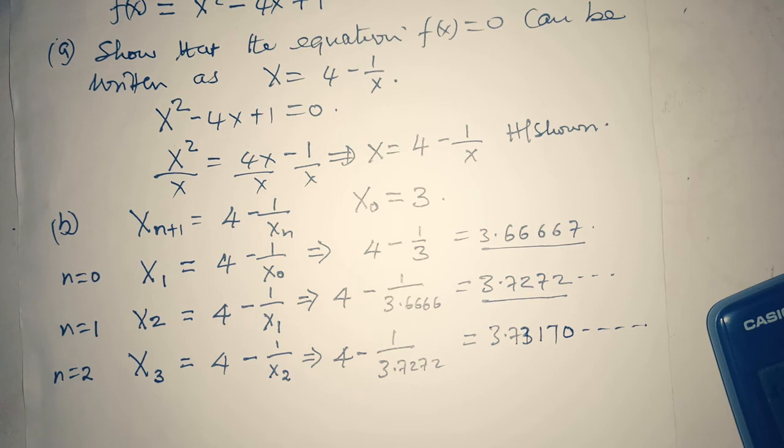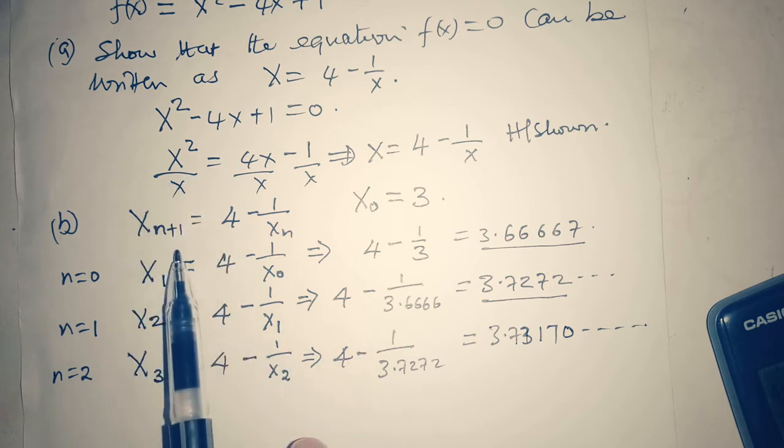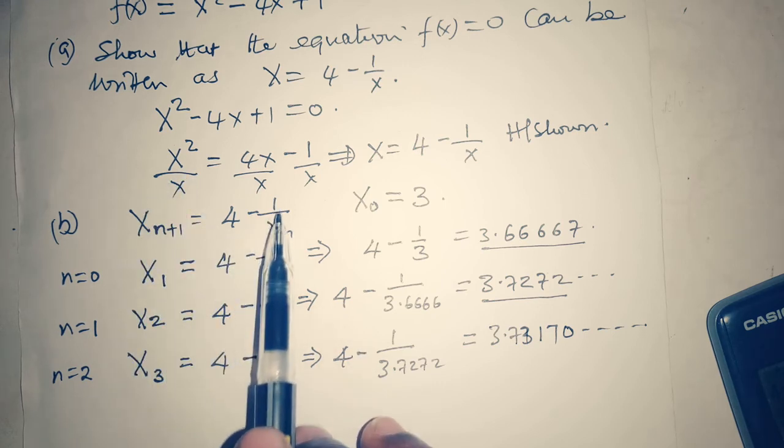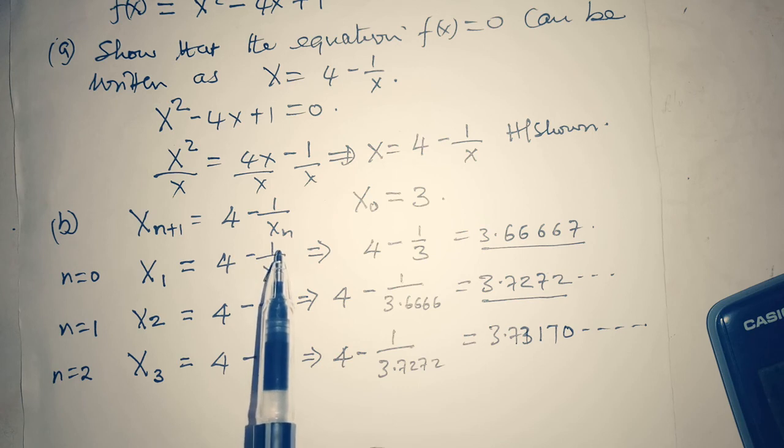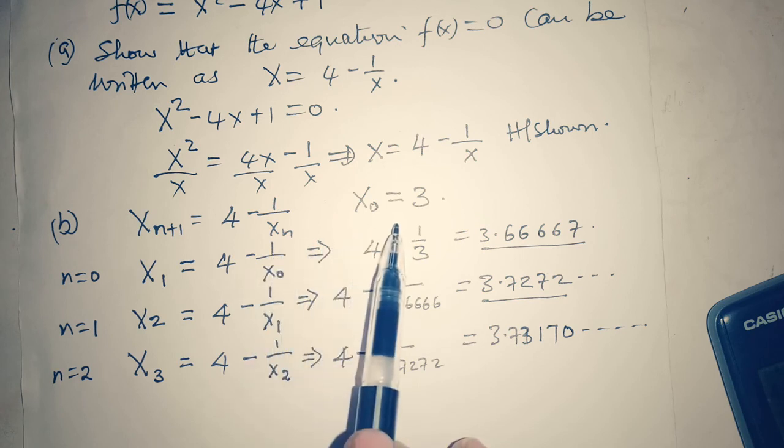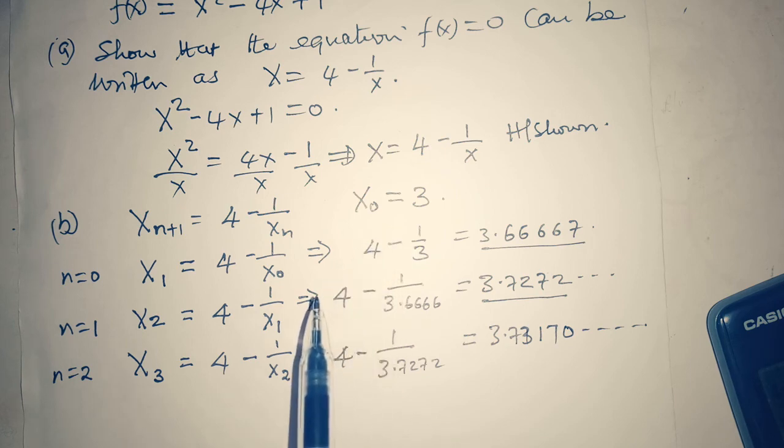Now, what are we supposed to show? Use the iterative formula x(n+1) = 4 minus 1 over x(n) with x0 equal to 3 to find the values of x1, x2, and x3.